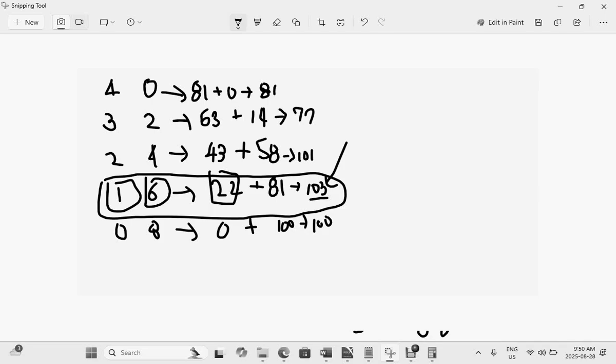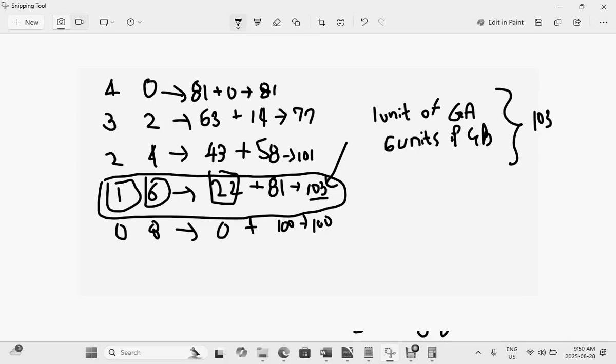As a result, if you produce 1 unit of good A and 6 units of good B, you will have 103 utils.